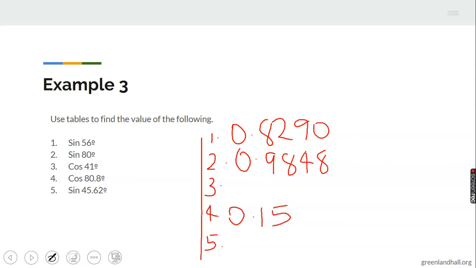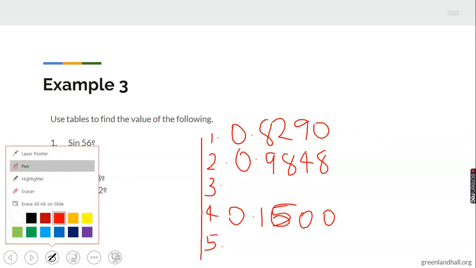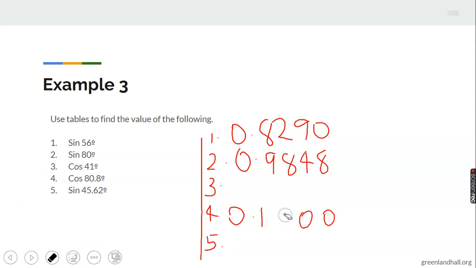Okay, let's just say 0.16. 0.1600. This is 6. Okay.